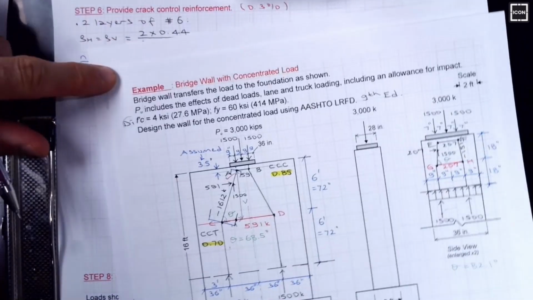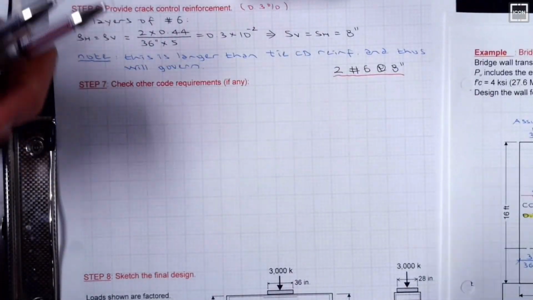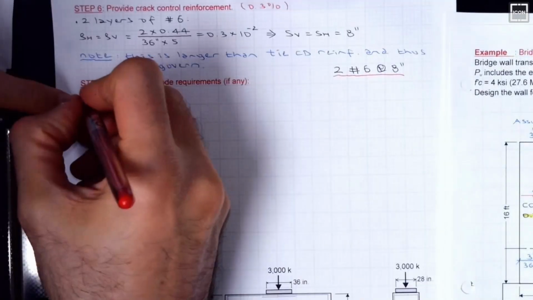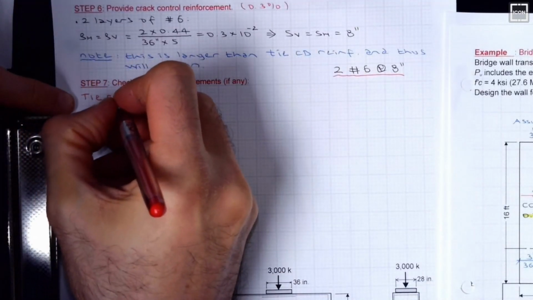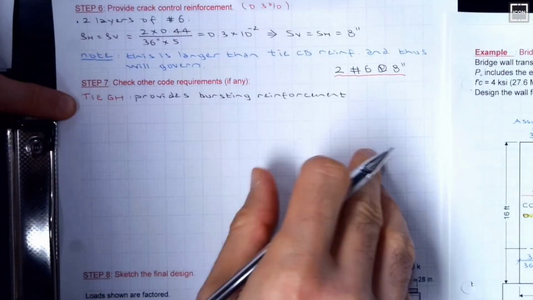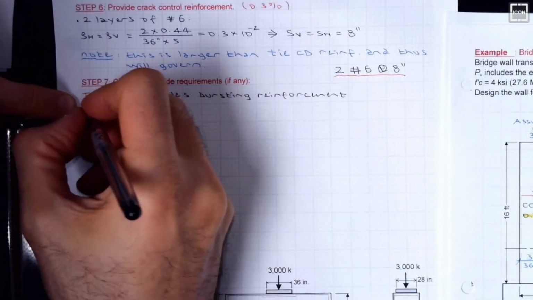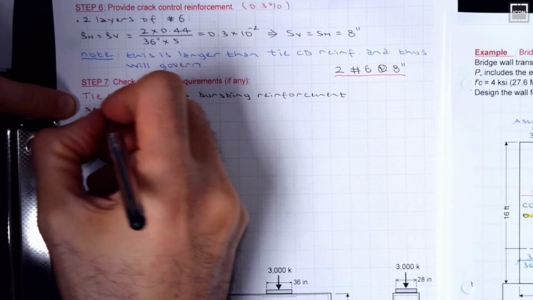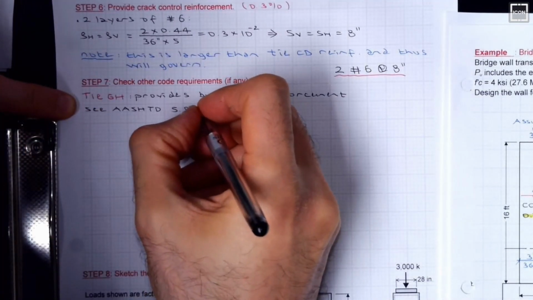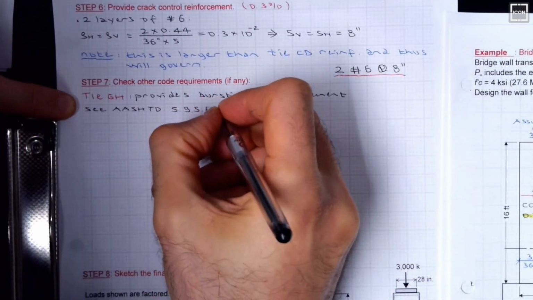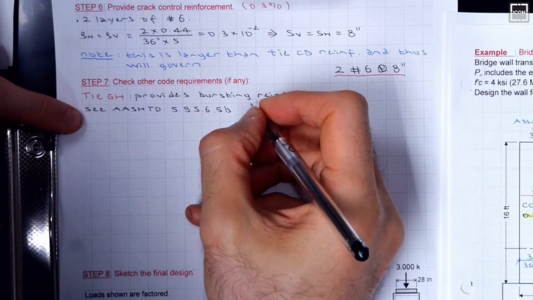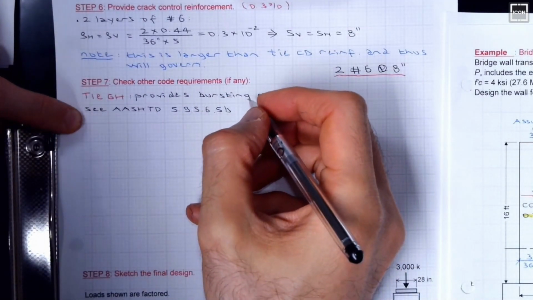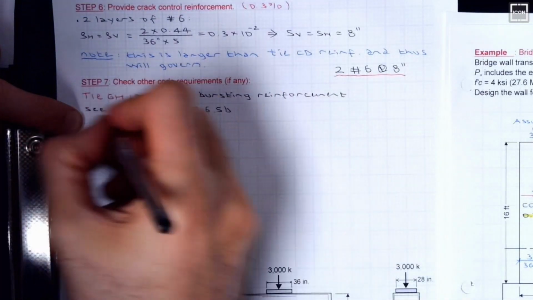So we have that already, so we don't need to do anything additional, but let's summarize it here. So tie GH provides bursting reinforcement. You can see AASHTO article 5.9.5.6.5B, which requires spirals, closed hoops, or anchored transverse ties.